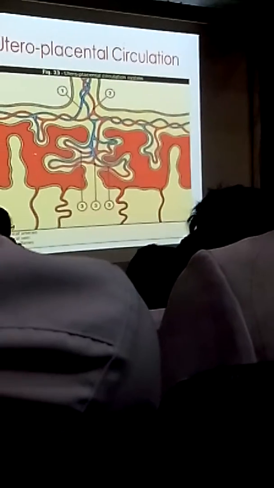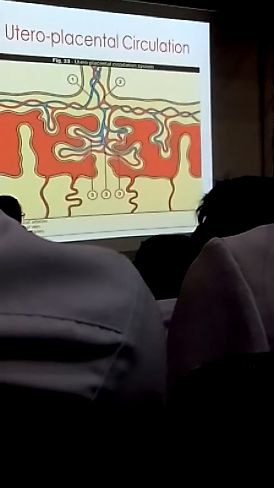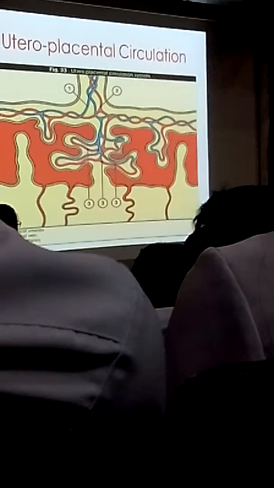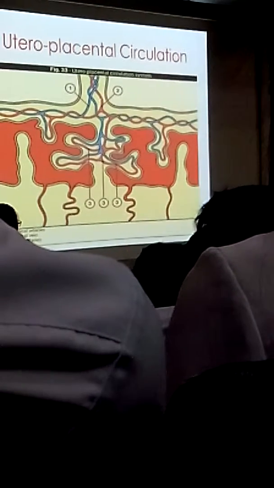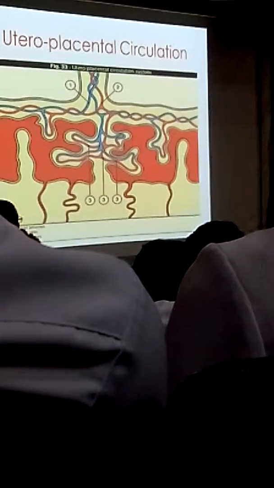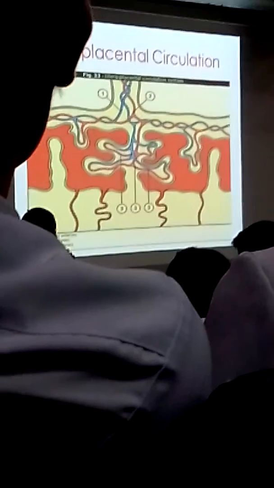So from the maternal circulation, there is now the capillary network in between your villi, in which the fetus would absorb the nutrients from the mother, and then the waste product as well as the deoxygenated blood is carried away from the fetus back to the maternal circulation through your, what's this? Umbilical vein. So that's why in your slide, in the umbilical cord, there are 2 umbilical arteries and 1 umbilical vein.